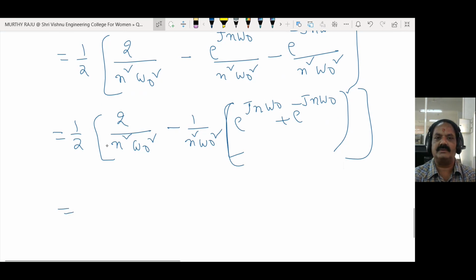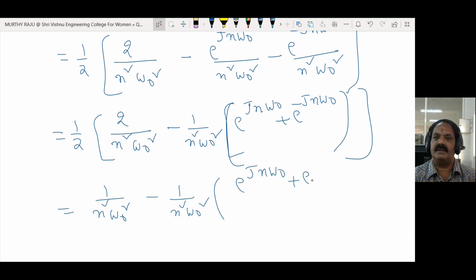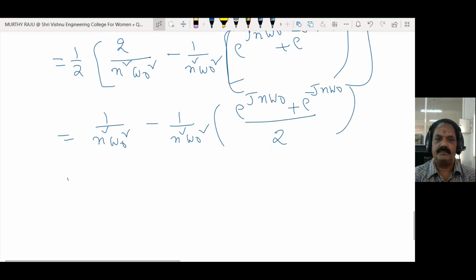Here 2 cancels, 1 by n square omega naught square. 1 by 2 is multiplied here, 1 by n square omega naught square, e power j n omega naught plus e power minus j n omega naught by 2. This is 1 by n square omega naught square, 1 minus e power j n omega naught plus e power minus j n omega naught by 2, that is cos n omega naught.